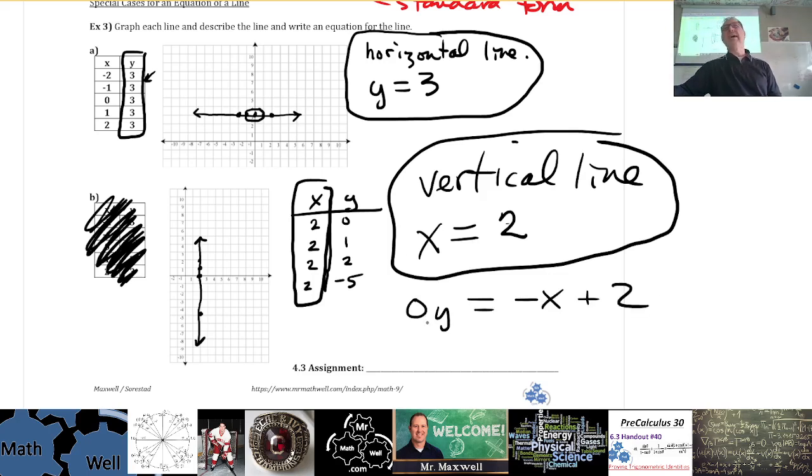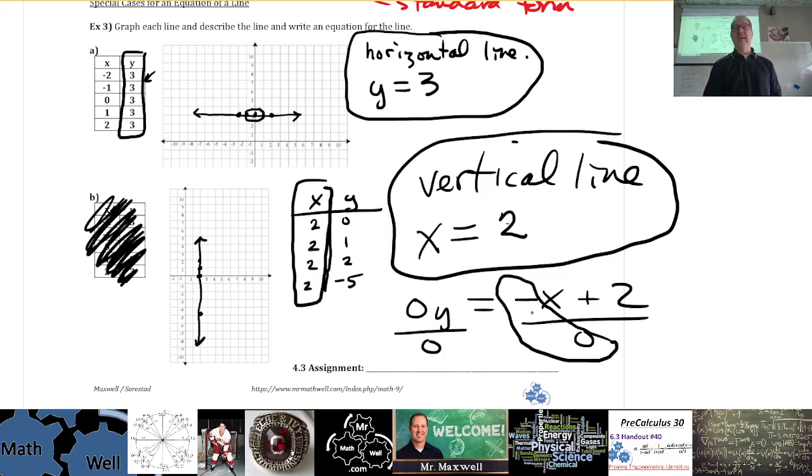Now, to get y by itself, I would have to divide everything by 0. Dividing by 0 is a big no-no, so we cannot actually isolate for y. Therefore, the number that is attached to the x value for the slope would be, in this case, negative 1 divided by 0. That's a real problem.